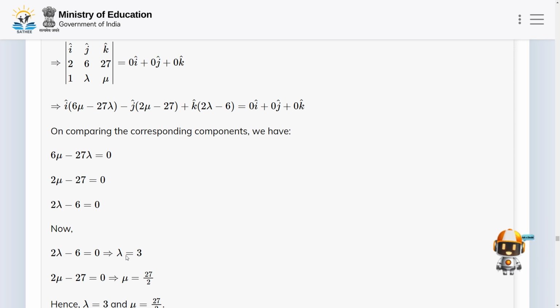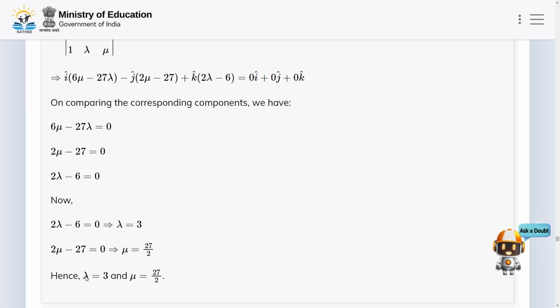So mu value will be 27 by 2 and lambda value will be just 3. I hope it is clear. Very easy to find. Just find the cross product and compare your things to find the corresponding components.